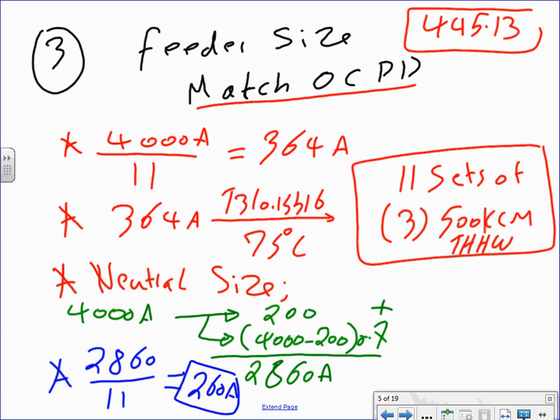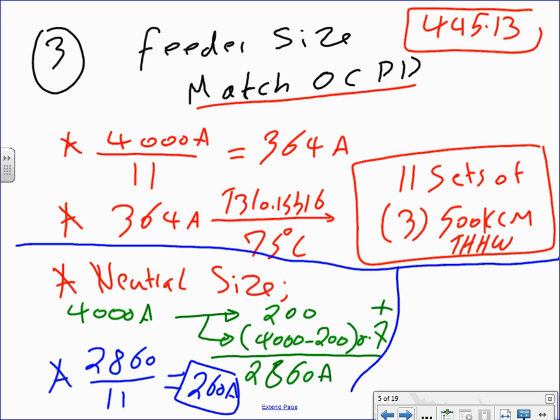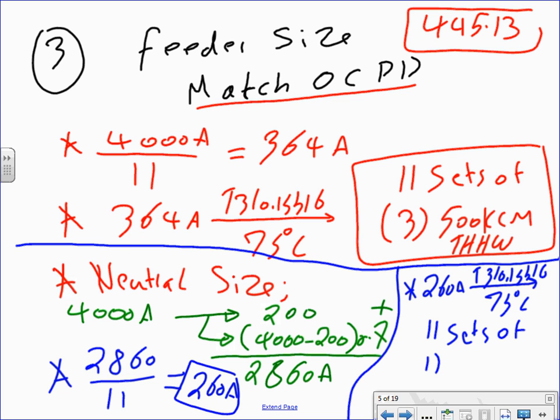And then from here, gentlemen, the last step, and we're doing the neutral here. The last step is to take the 260 amp, take it to table 310.15(B)(16) under the 75-degree column, and this will get you 11 sets of one conductor, 300 kcmil THHW.